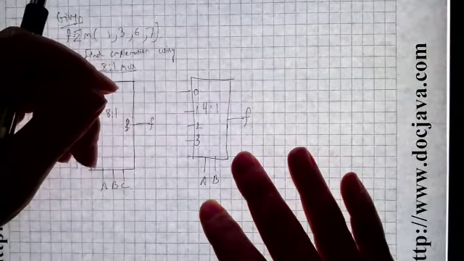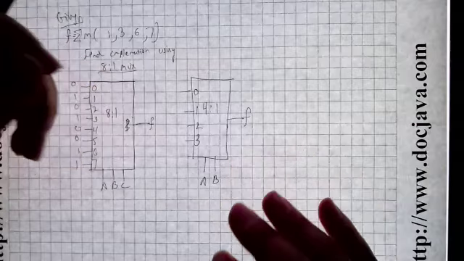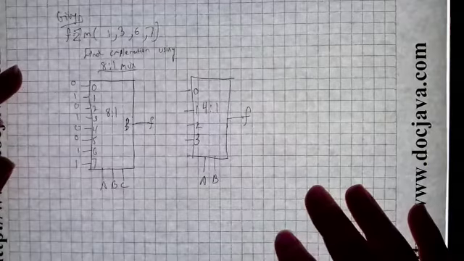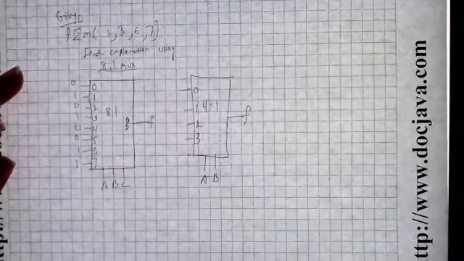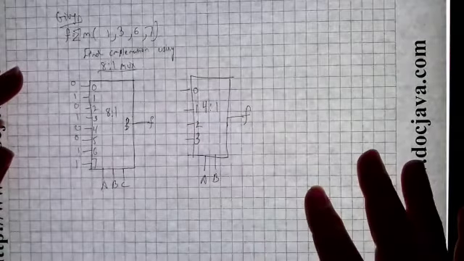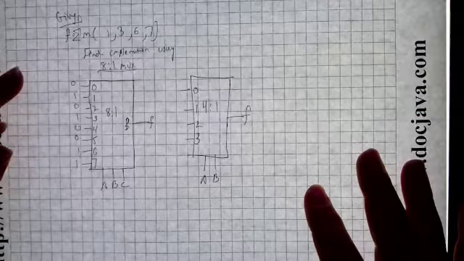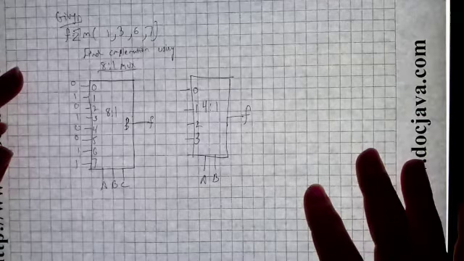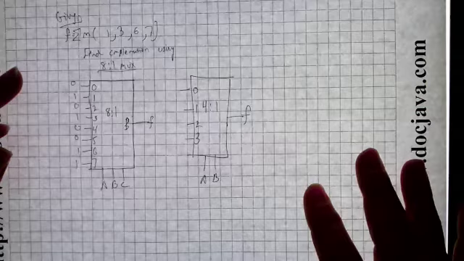Let's see, let's try someone else. Alex, what do you think we should do here? I want to implement the same thing with a 4-to-1 multiplexer. Are you with me, Alex? How about Alexa?